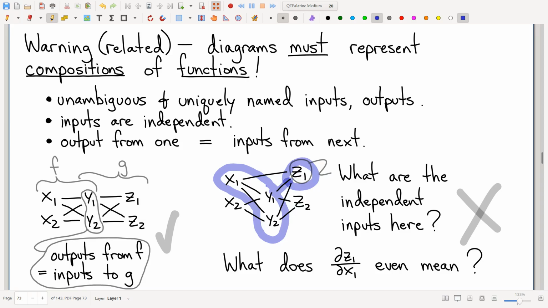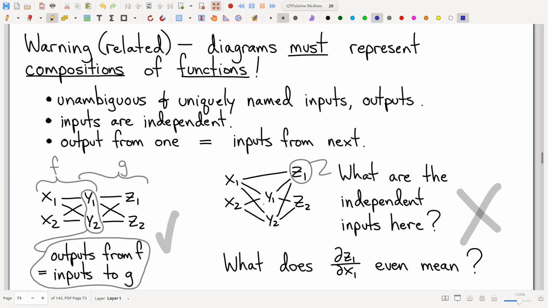That's not how composition works. So we don't know squat about any sort of a chain rule that relates the variables per that diagram right there. Not a thing. All right, so be real careful about that. You can get into big trouble messing this up.